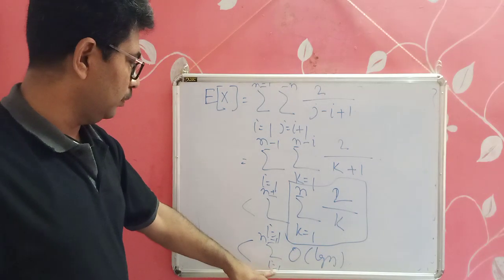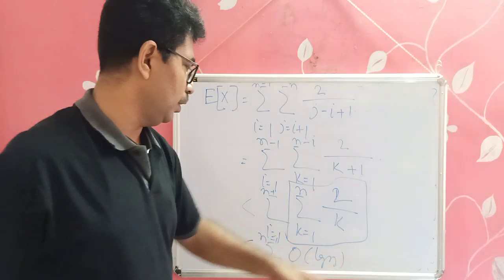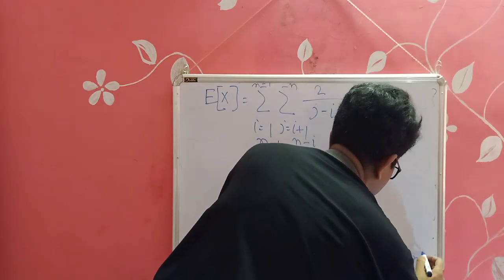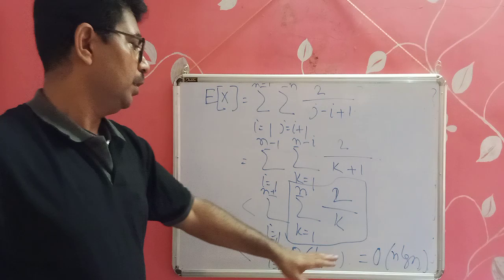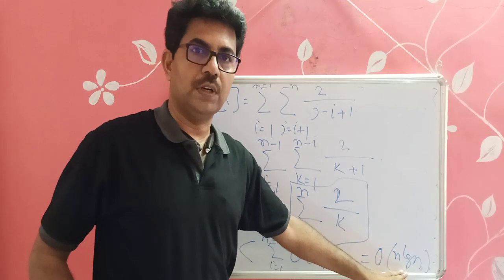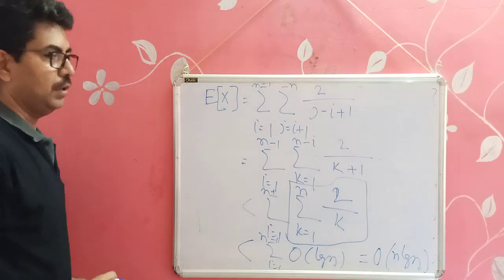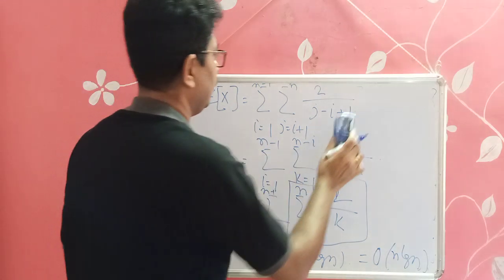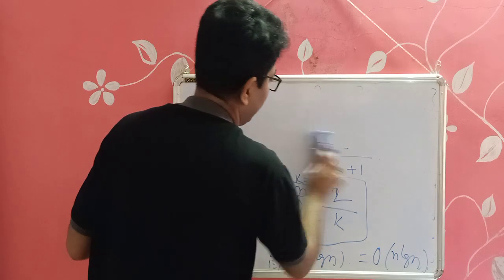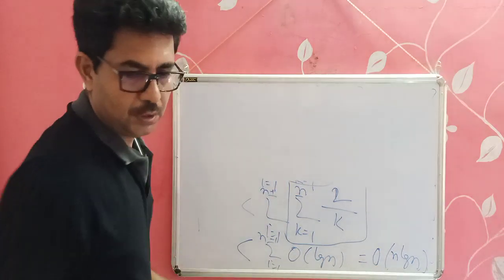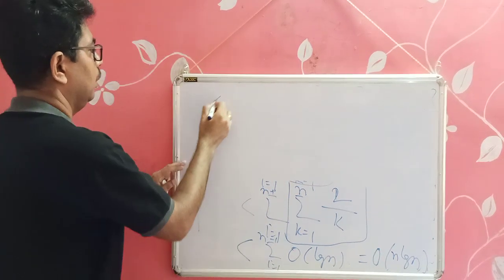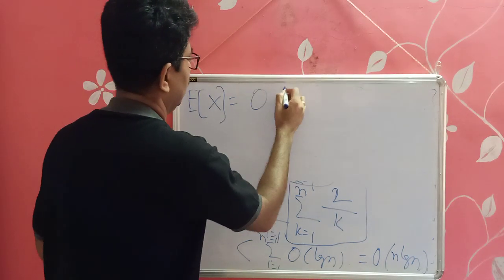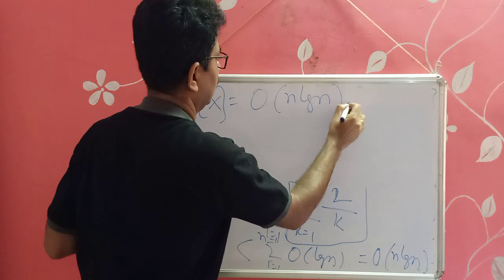Now if we execute i equals 1 to n minus 1, we get order of n times log n. And hence this is the total number of comparisons required for quicksort. So you can say that the expected value of X is order of n log n.